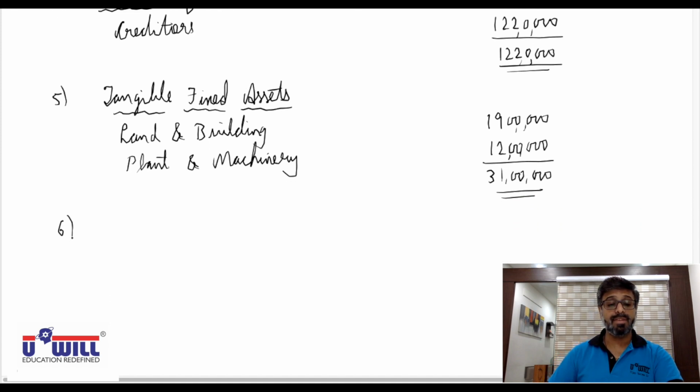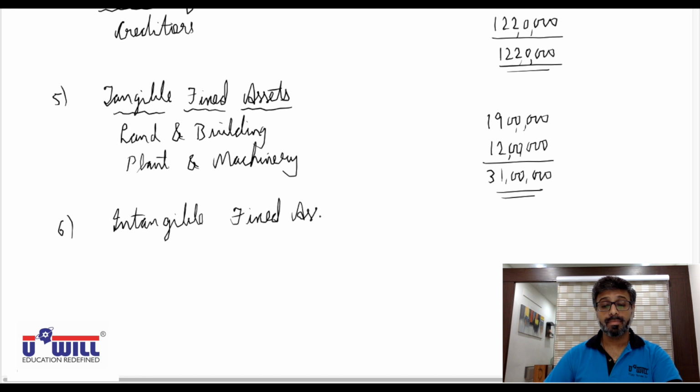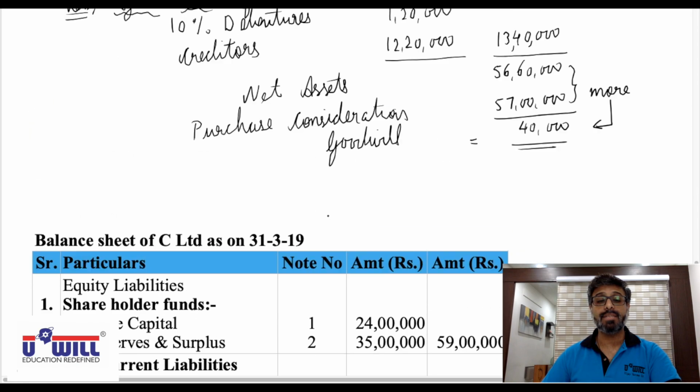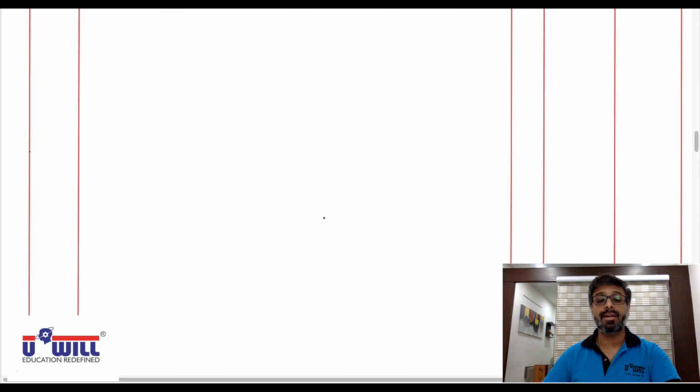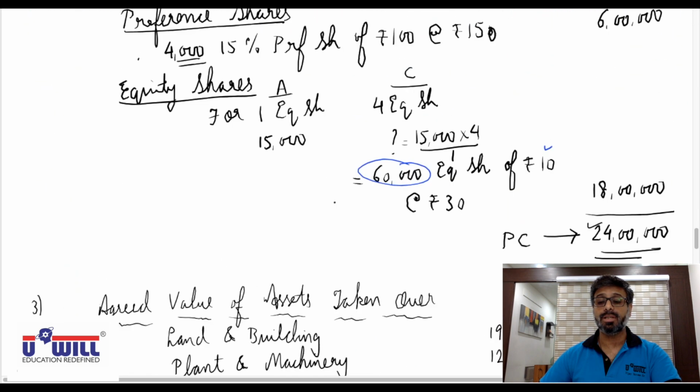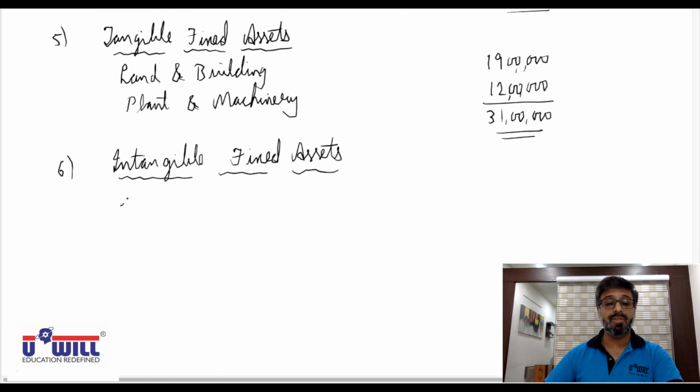Then after tangible fixed assets we have intangible fixed assets. Now in intangible fixed assets we have only goodwill. Okay, in intangible fixed assets all of you can see in the second entry goodwill account, that working note what we had done, 40,000. So in intangible fixed assets goodwill will come with 40,000.